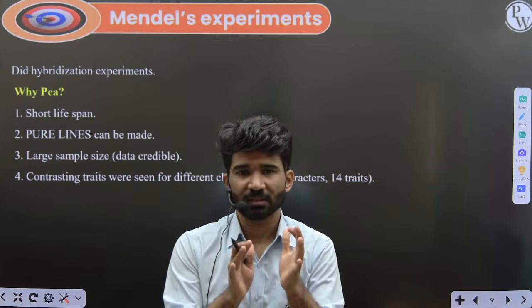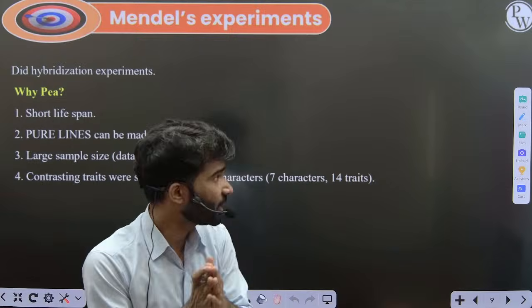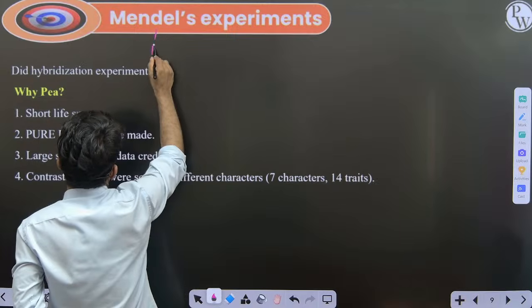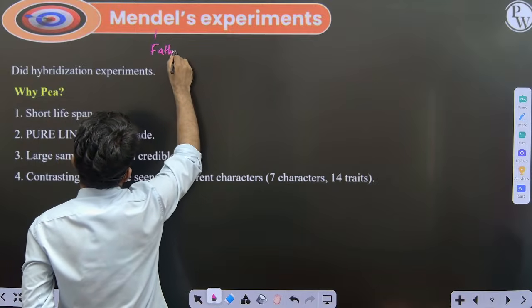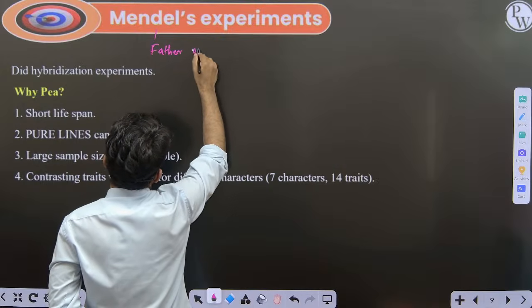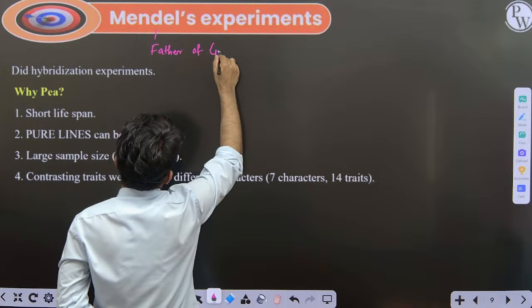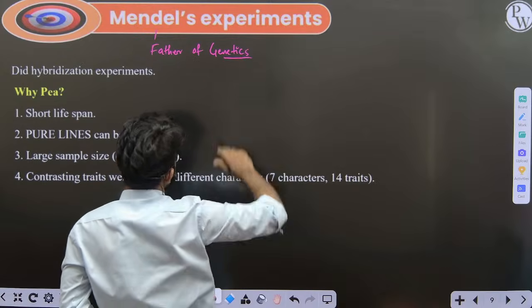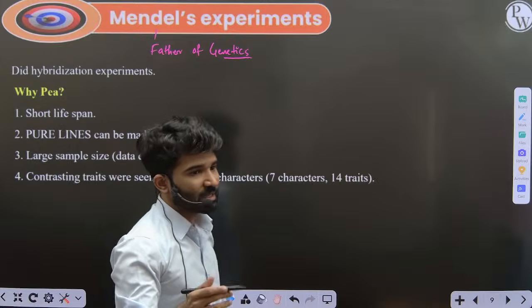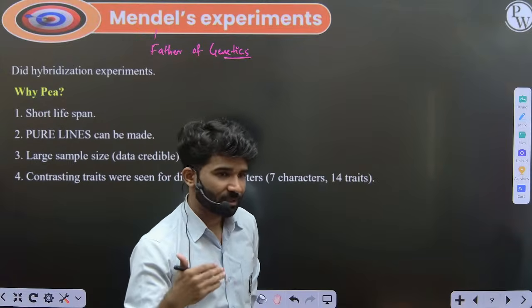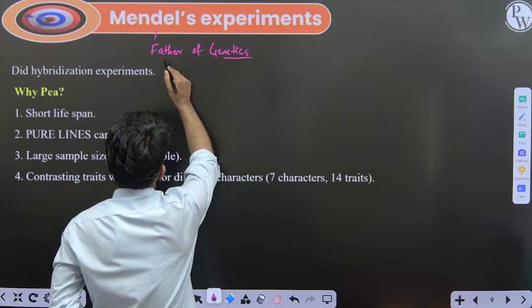That's why Gregor John Mendel is considered the father of genetics. Mendel's work was not recognized in his lifetime; it was recognized only a lot of years after his death.